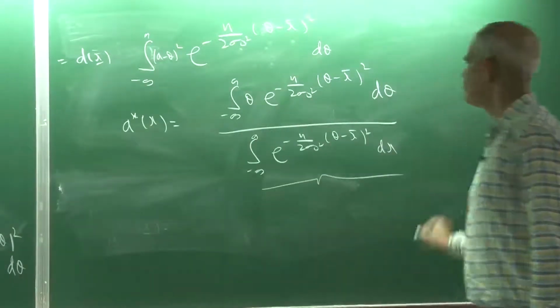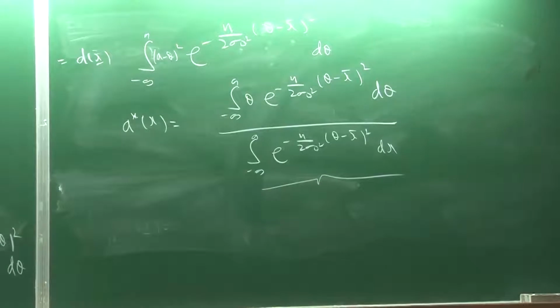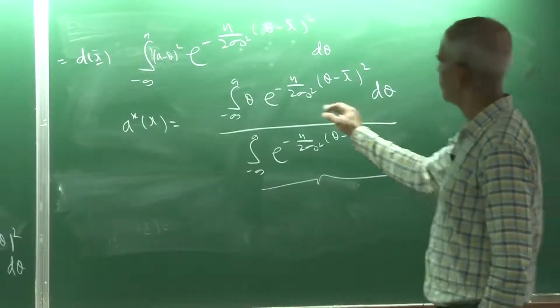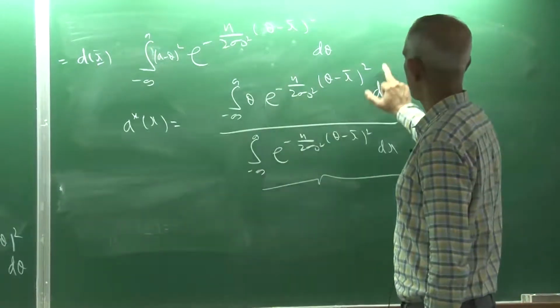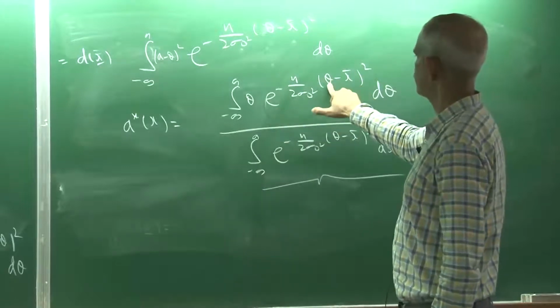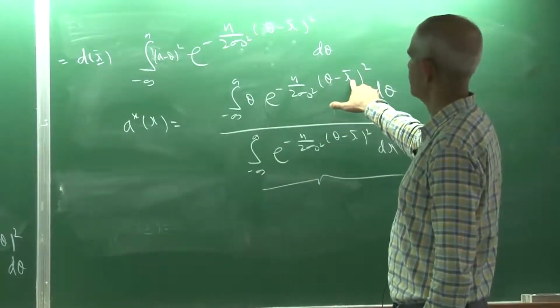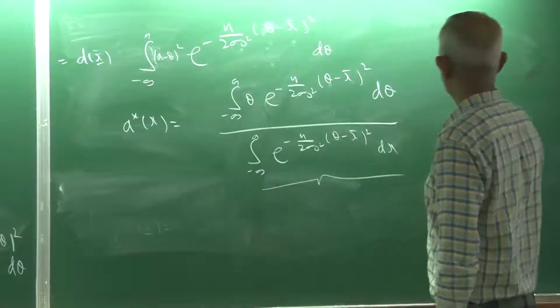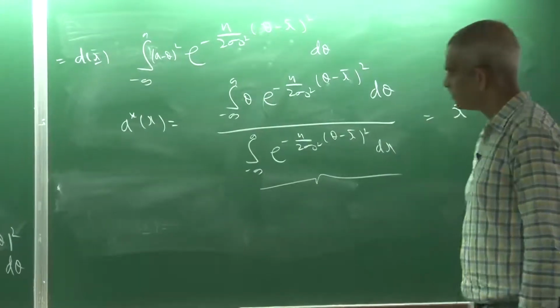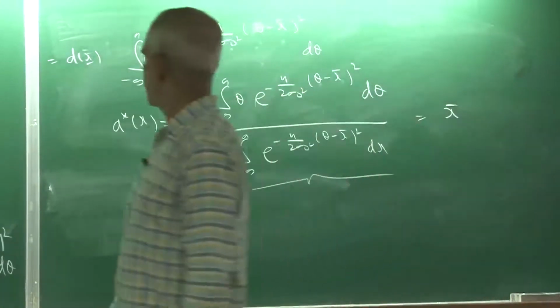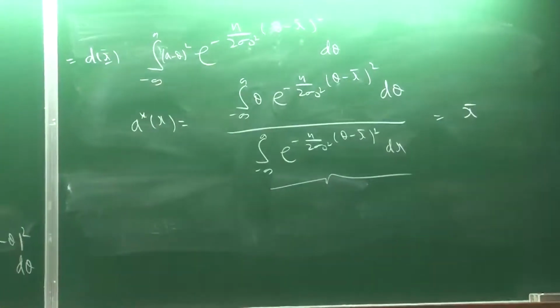Now you know that when you put sigma naught by root 2 pi, this becomes a proper density. So it becomes the density of theta with mean x bar, and a becomes the mean. So this turns out to be x bar. So it turns out to be the generalized Bayes estimator.